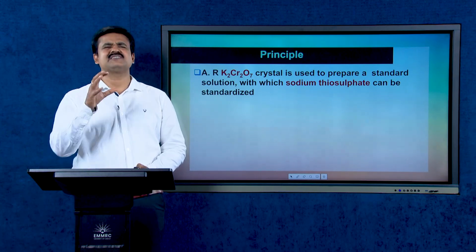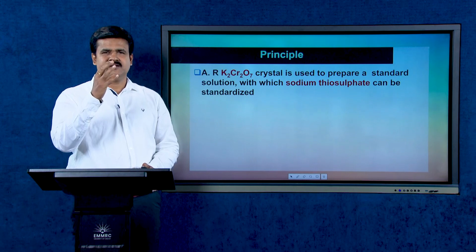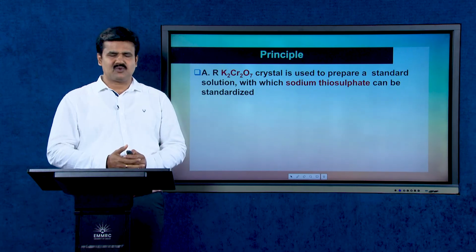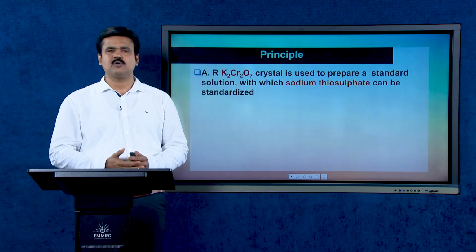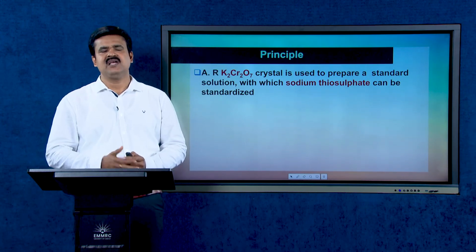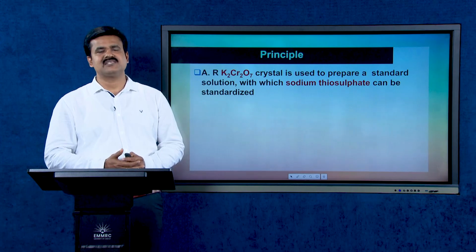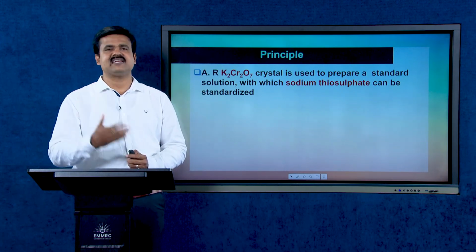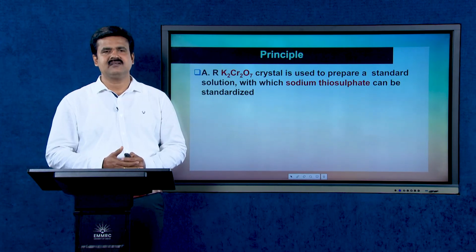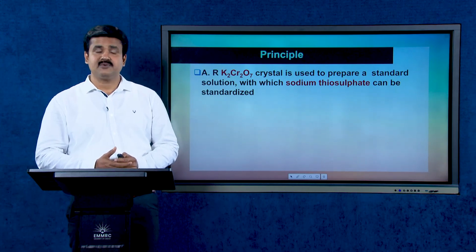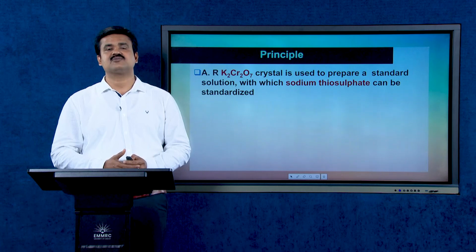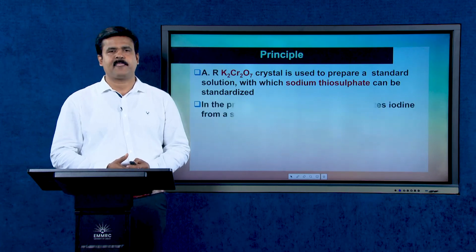That is, you first prepare a standard solution of K2Cr2O7 by taking an accurate weight of a fixed quantity of potassium dichromate, and using that standard solution of K2Cr2O7, you can perform a titration with the sodium thiosulfate. Based on that, you can standardize the given sodium thiosulfate solution.